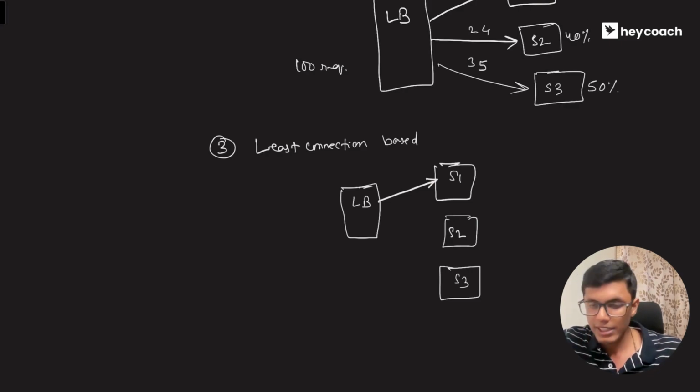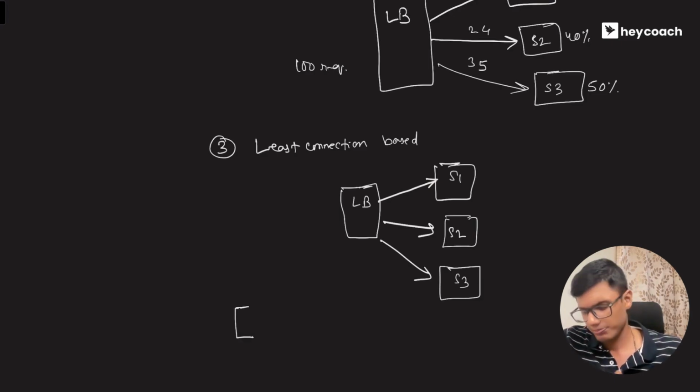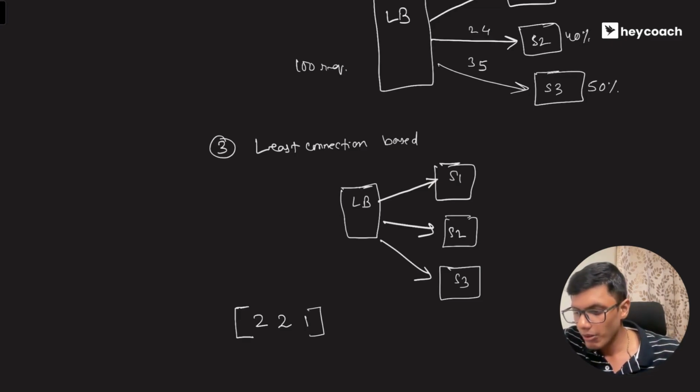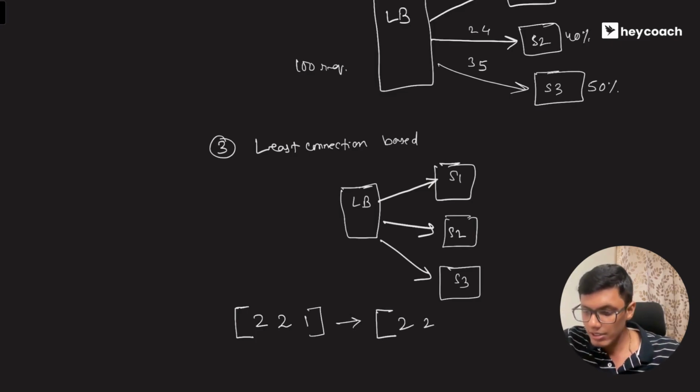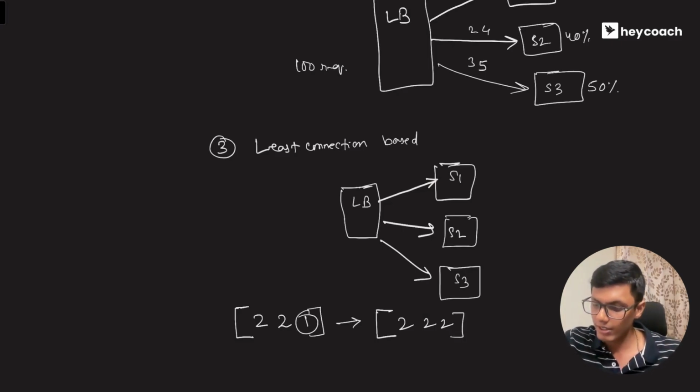So in the current configuration, the first server is already serving 2 requests, the second server is serving 2 requests, and the third server is serving just 1 request. So the next request which comes would go to the third server, because it has the least number of connections.